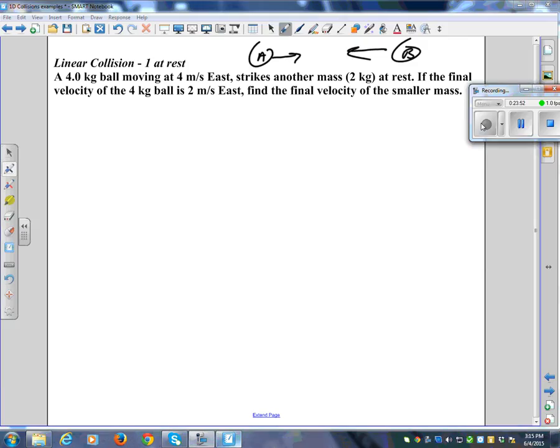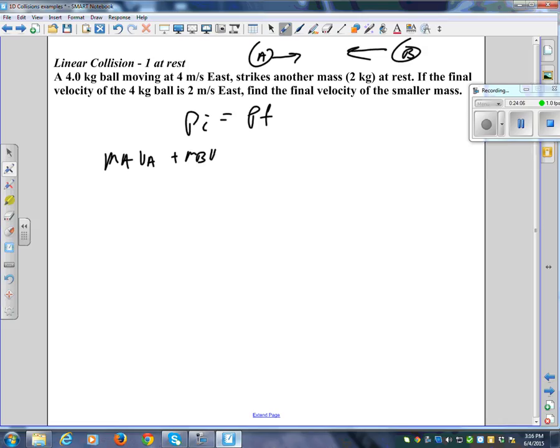Okay, so we got A and B. One's at rest. When one's at rest, it's easy. PI is equal to PF. MAVA plus MBVB is equal to MAVA prime plus MBVB prime.